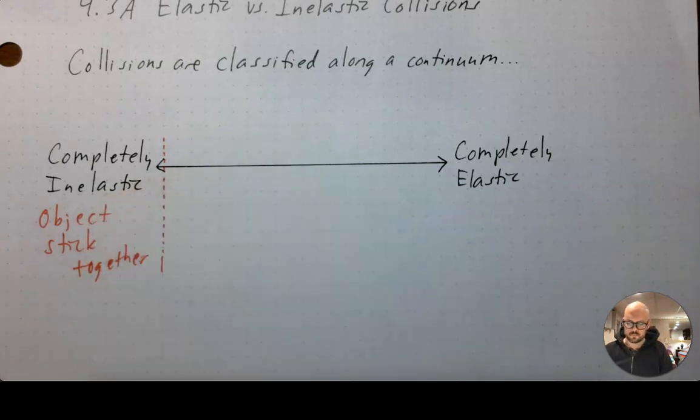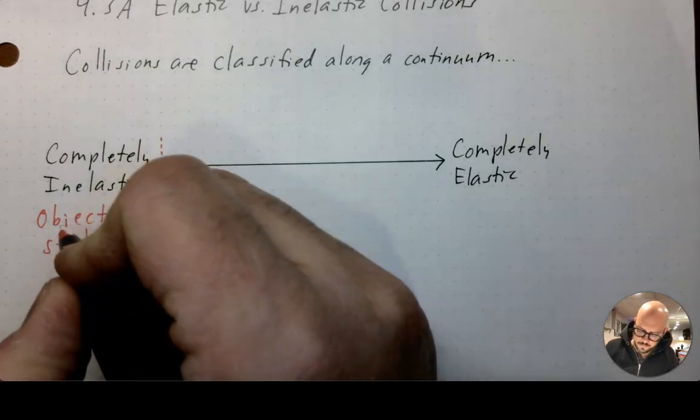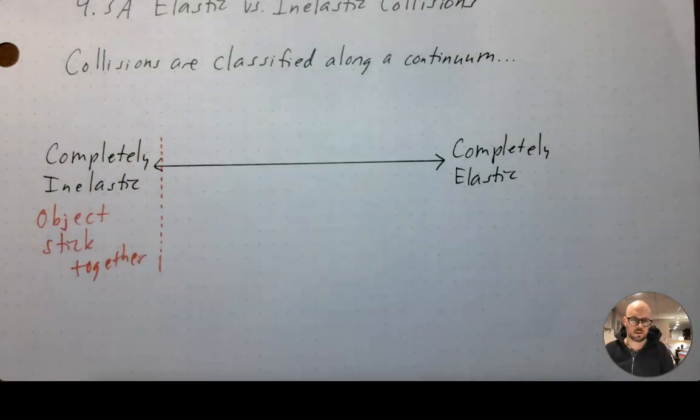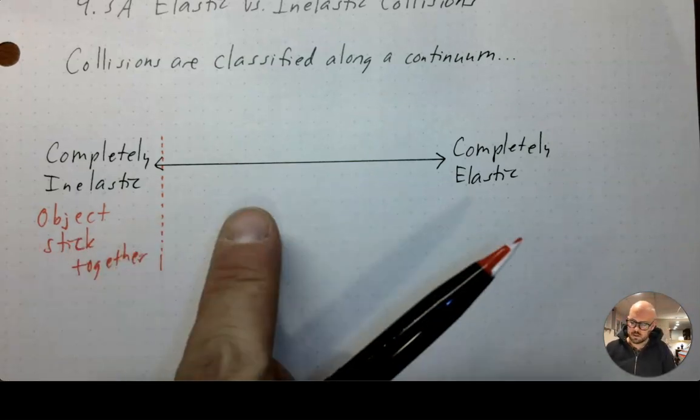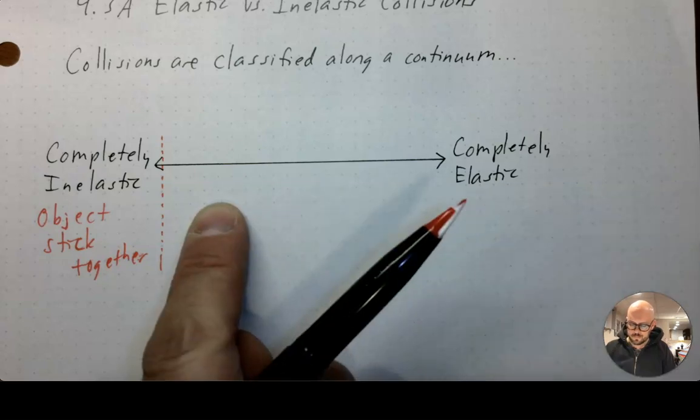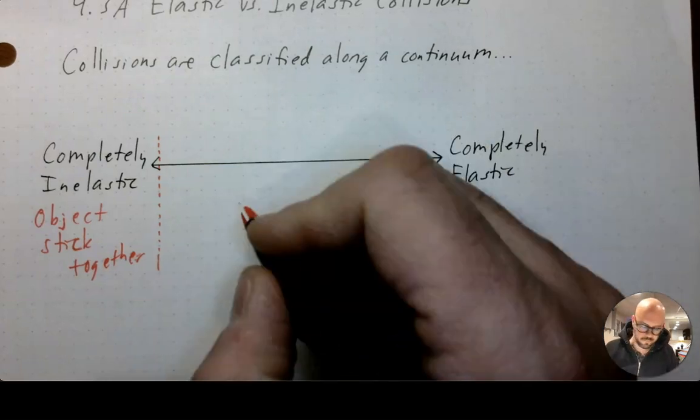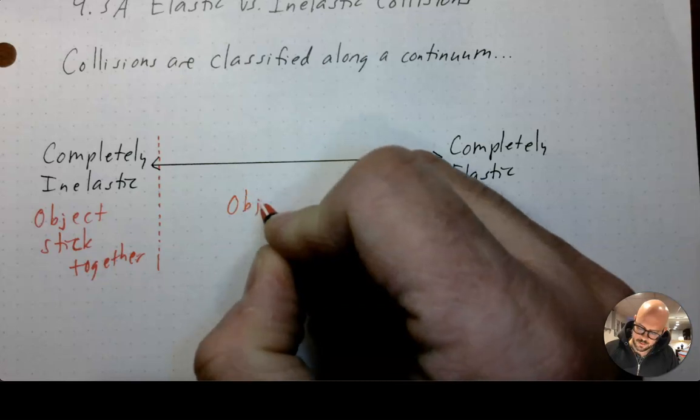And that's a very small part of this continuum. So there are a lot of other situations where there's an inelastic portion to the collision, but they don't actually end up sticking together. And then every other section of this continuum is when objects bounce.